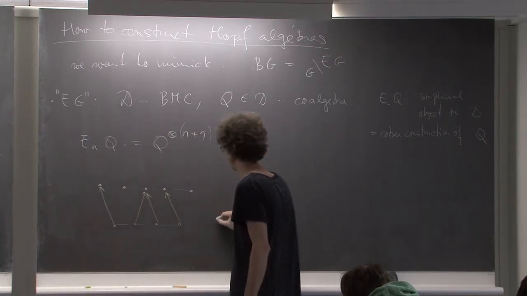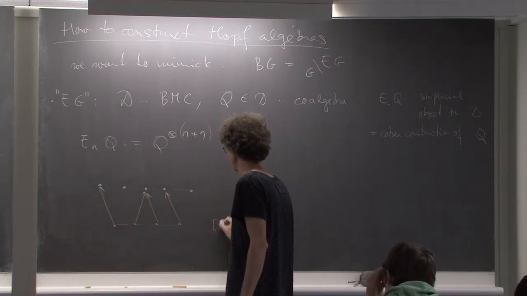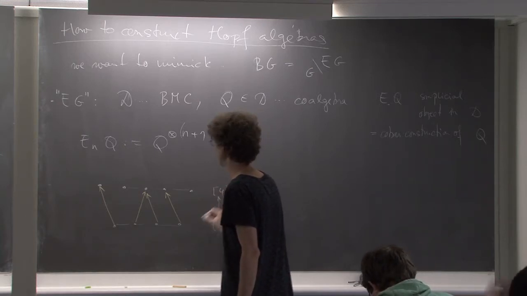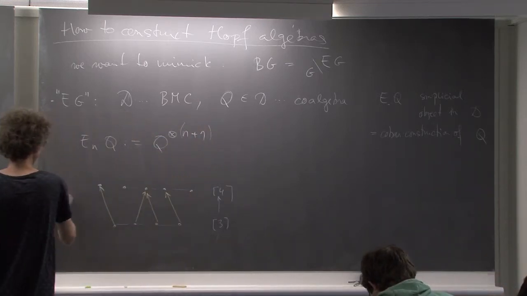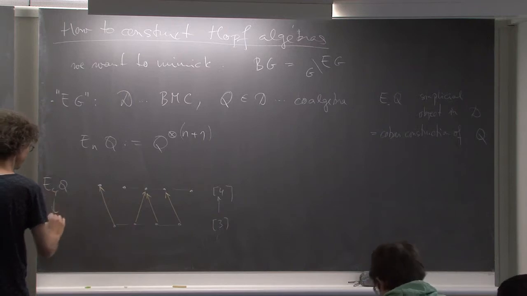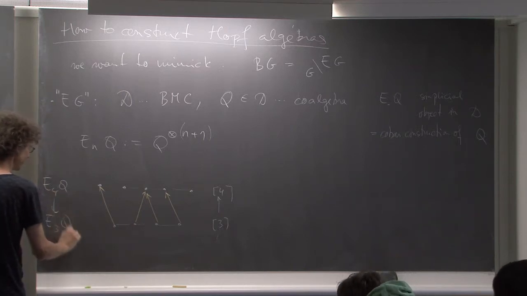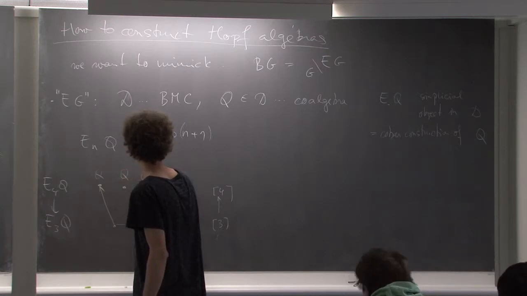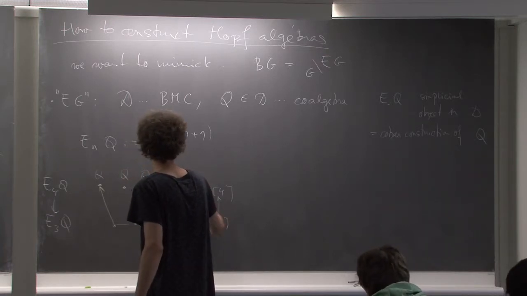So this is a morphism going from 3 to 4. And I should tell you how to go from E4Q to E3Q. So that is a product of 5 Qs.